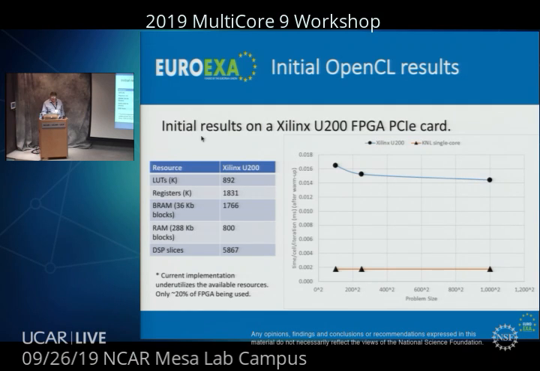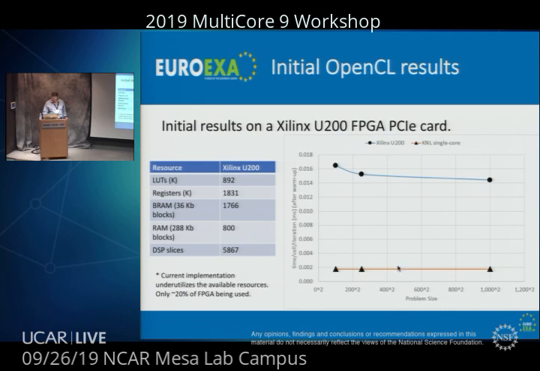They've run this code on a different type of FPGA to the one I was using. This is an Intel FPGA connected with PCI Express to an Intel multicore CPU. And you can see some preliminary results in scaling with problem sizes, weak scaling. So flat is good. There's some slight improvement in efficiency on the FPGA as the problem size grows.